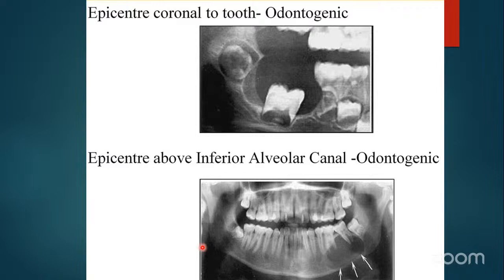It is going to involve the sequelae of pathology involving the tooth. On the other hand, if the tooth is completely good, there is no visible decay or fracture, or no clinical history pertaining to the tooth being affected, and based on the position of the lesion, you can diagnose it as non-odontogenic. Okay.